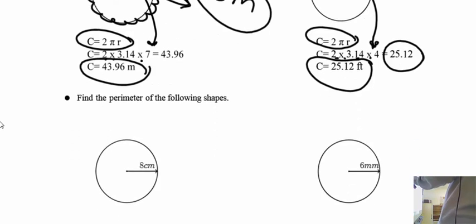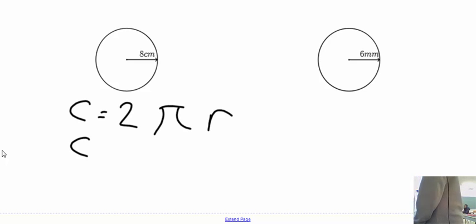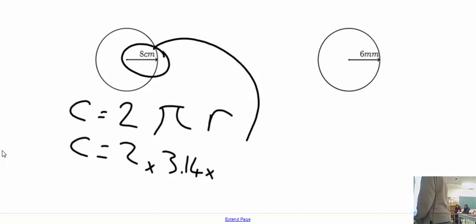Now let's do another example here. Write down the formula first. Circumference equals 2 pi r. Circumference equals 2 times pi, which is 3.14, times r, which is whatever I see here, 8.